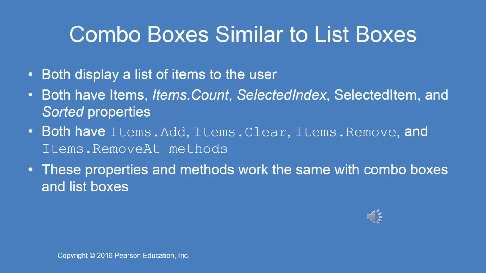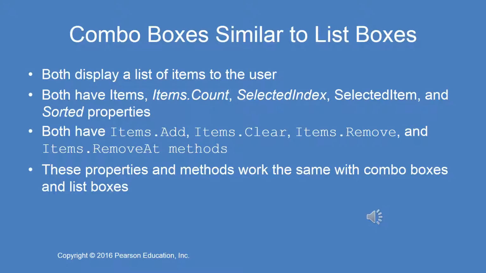Combo boxes are input controls that are very similar to list boxes. They both display a list of items to the user for selection. They both have properties for Items.Count, SelectedIndex, SelectedItem, and Sorted.